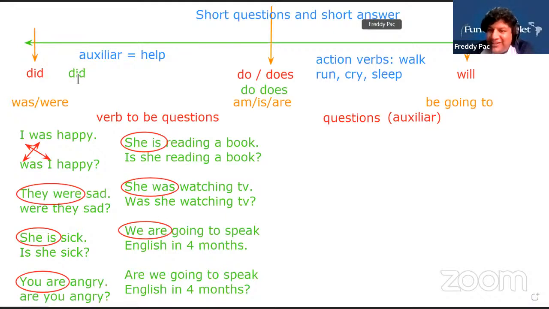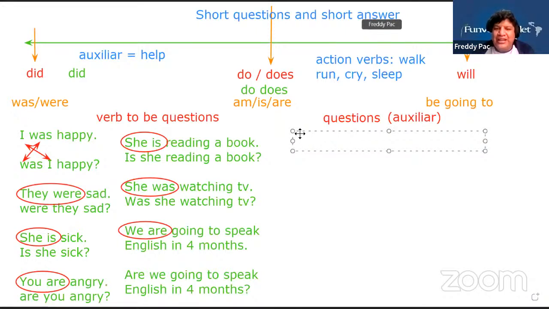but that doesn't mean that every did is an auxiliary. The same for do. I put do as an auxiliary, but that doesn't mean that all the do's are auxiliary. No, you have to know how to identify it. Let me give you an example. I am going to give you first an example in present. I'm going to use another color for this.